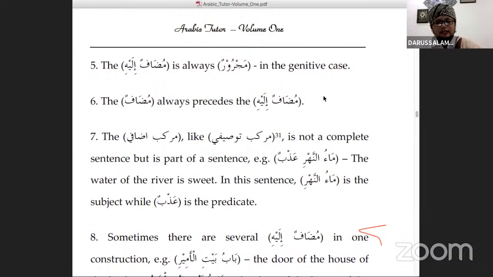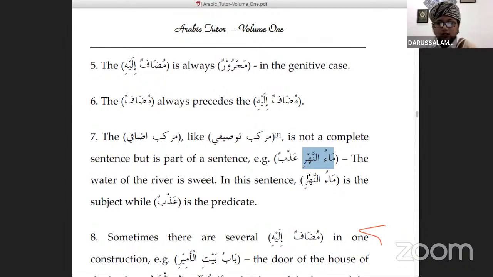So you can make it part of a full sentence. Like for example, you can say ma'un nahri being the subject and azbun, sweet, manis, being the predicate. Ma'un nahri azbun. Ma'un nahri, air sungai itu, the water of the river.